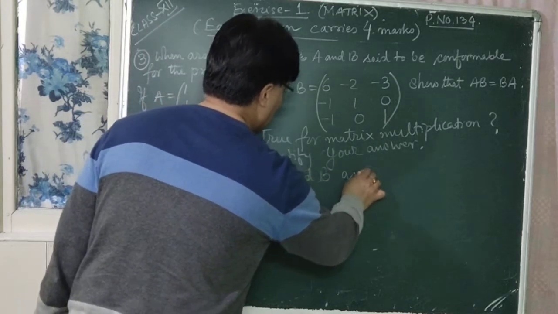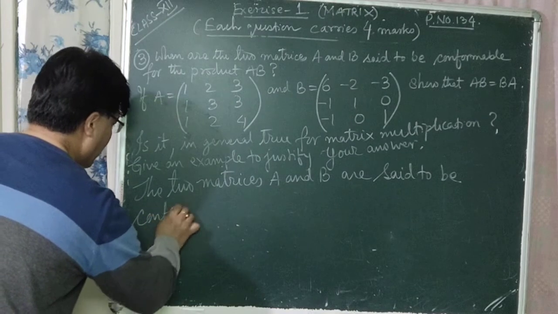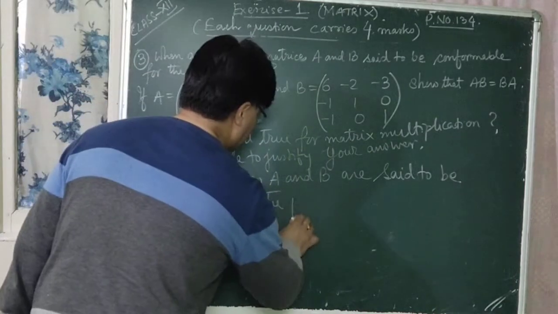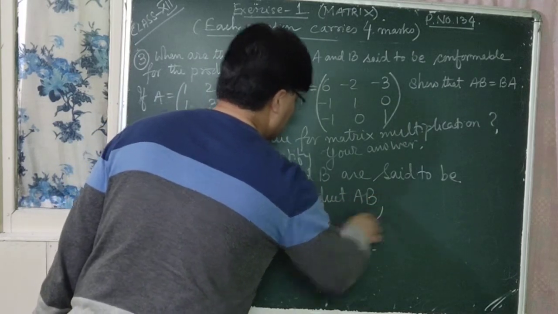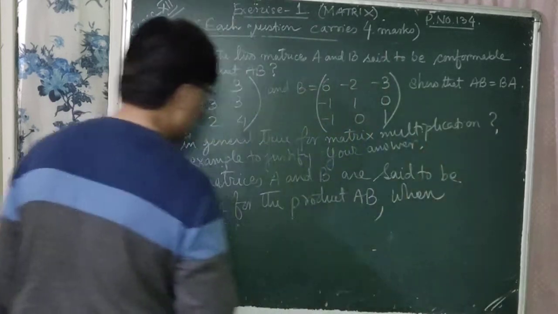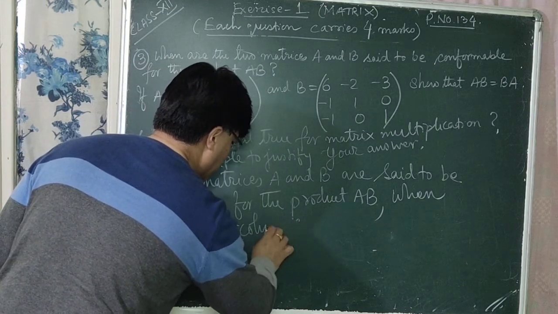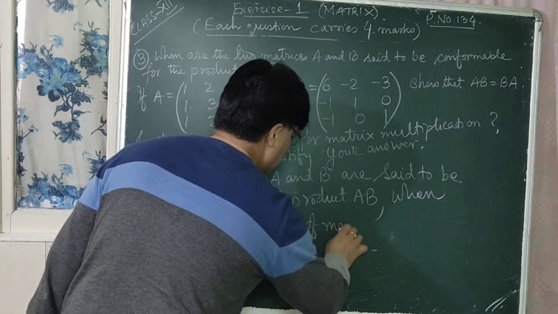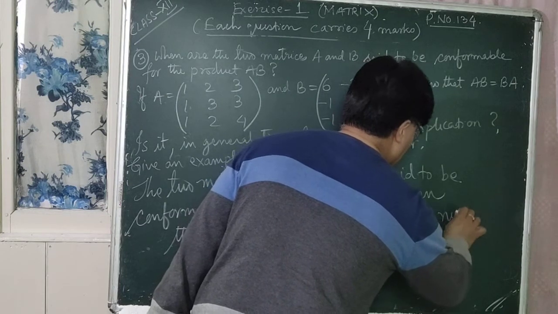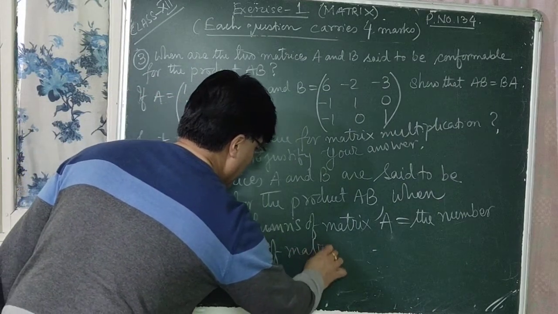The two matrices A and B are said to be conformable for the product AB when the number of columns of matrix A is equal to what? The number of rows of matrix B.